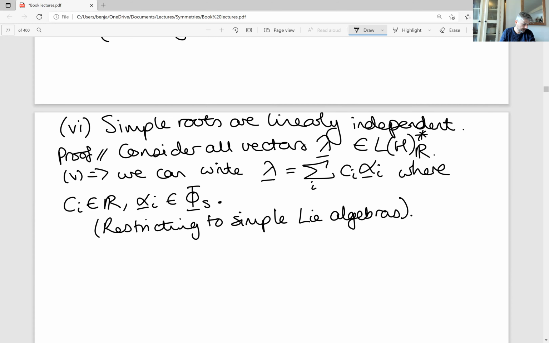All right, so we've got this expansion of any vector in this dual vector space. And now let's also restrict to the case where we haven't got a zero vector, basically. Not all of these c_i are zero.